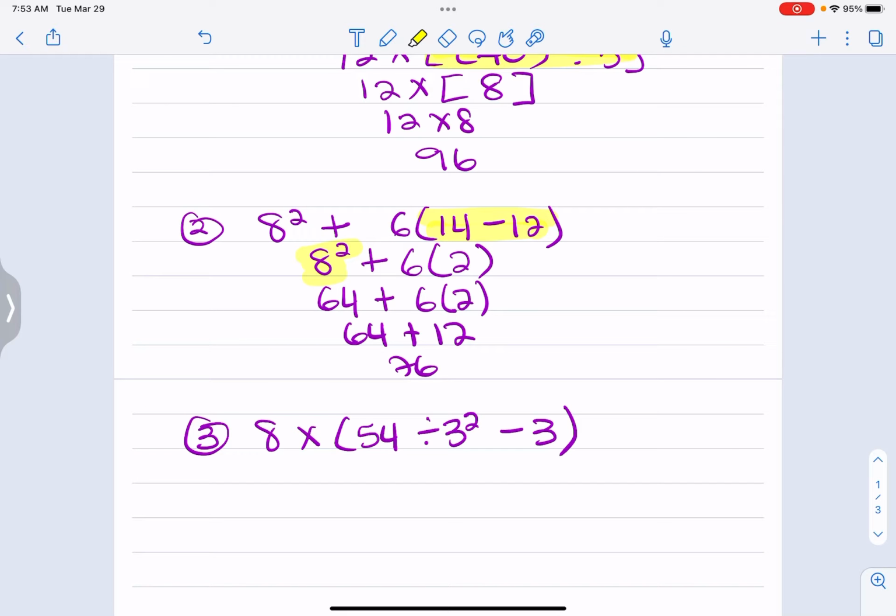So groupings, so everything inside my parentheses. However, we must move from left to right inside the parentheses just the same. And inside the parentheses, I would focus on the division because that would come first. In order for me to divide 54 by 3 squared, I have to find out what 3 squared is.